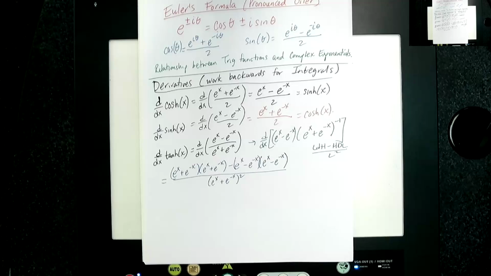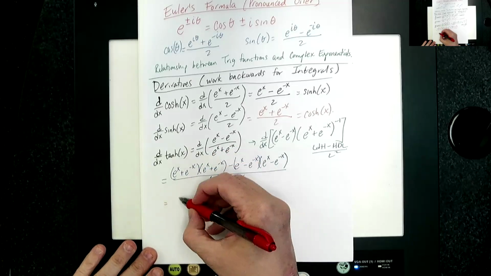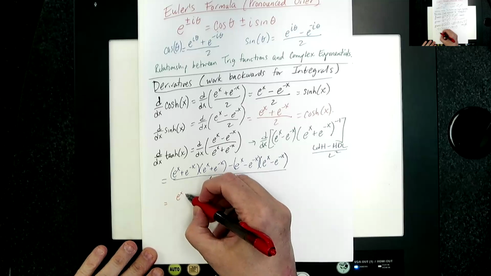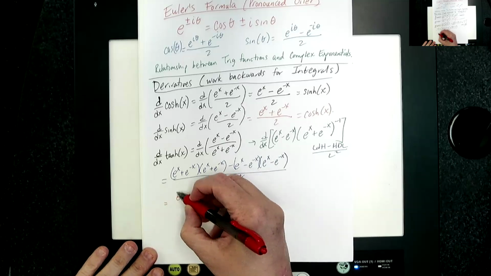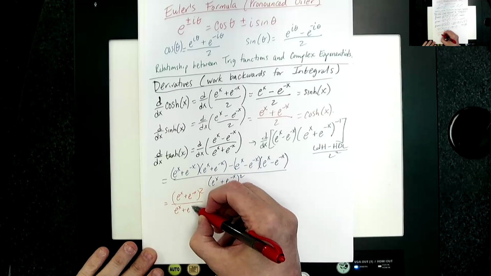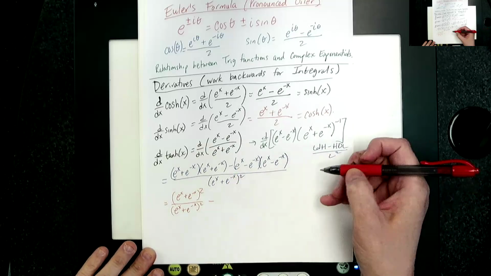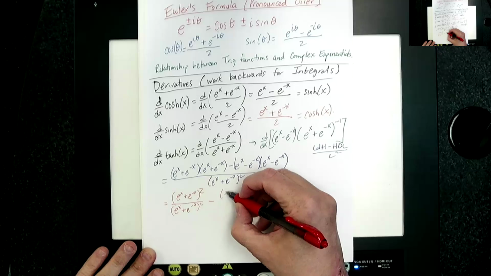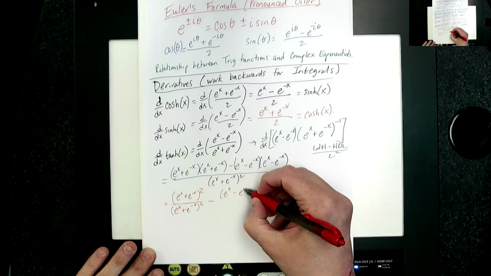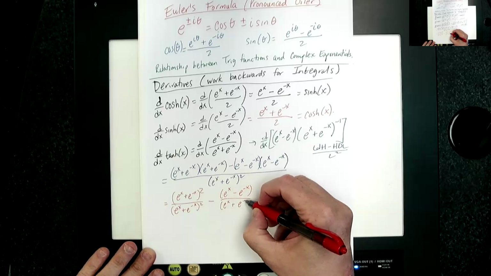But if I separate this, on top the first set is e to the x plus e to the negative x squared. And that's what we have on bottom too. That's convenient. And we have minus, those are squared, e to the x minus e to the negative x, e to the x plus e to the negative x.